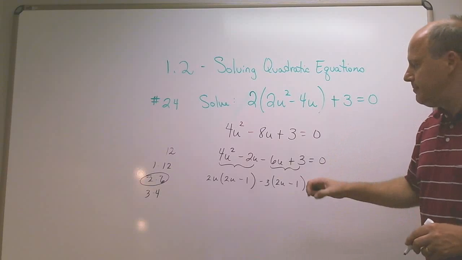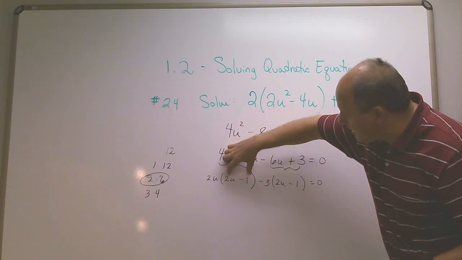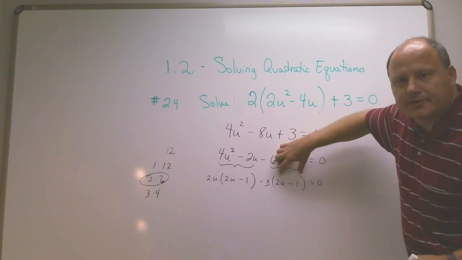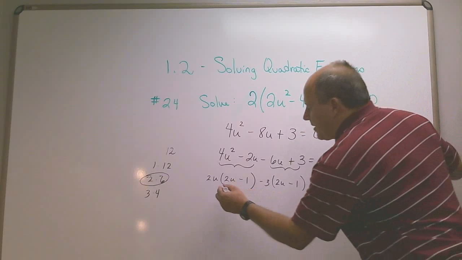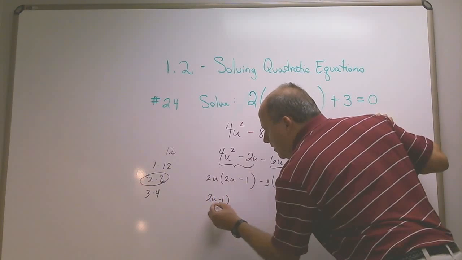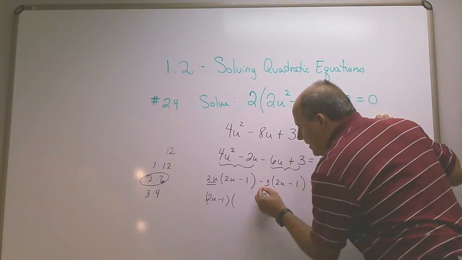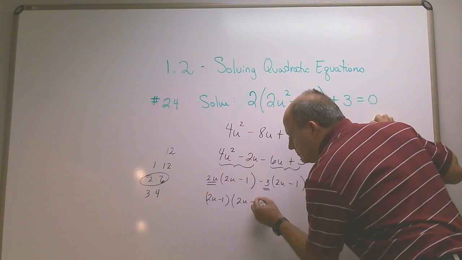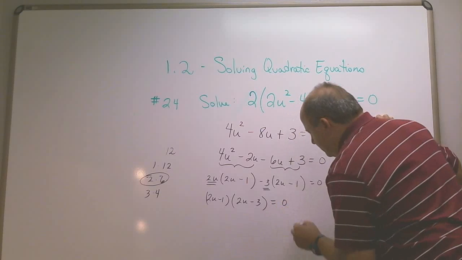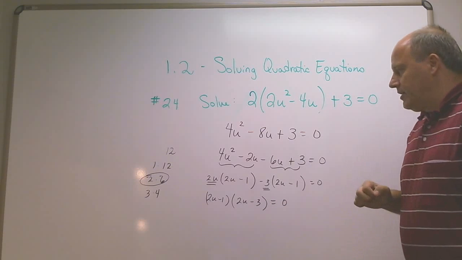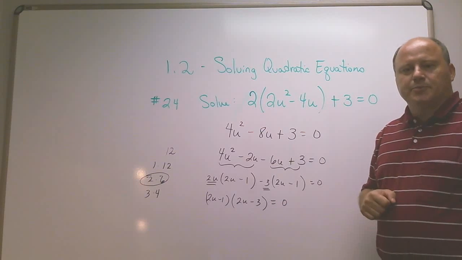That's why you do the AC method, because when you do that, what's left is a common factor. So 2u minus 1 factors out, and then what's left is the 2u minus 3. We can bring down the equal sign 0. So the process works. It's pretty nice.